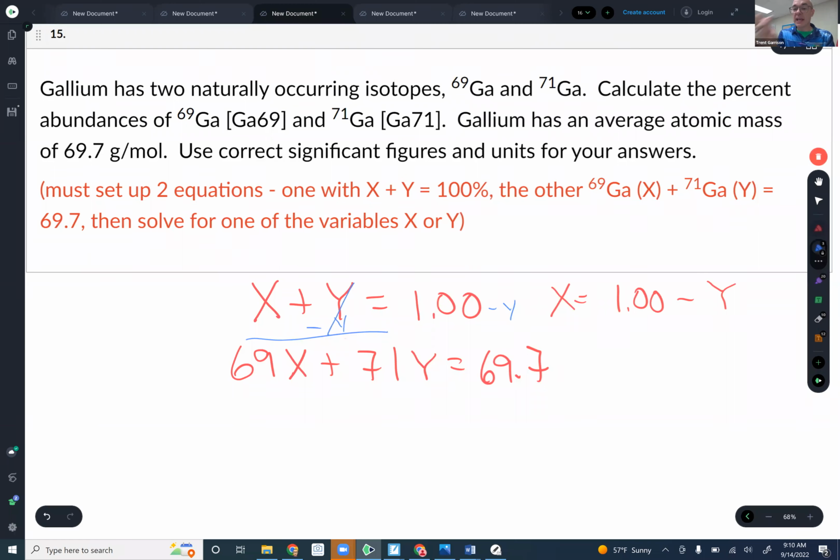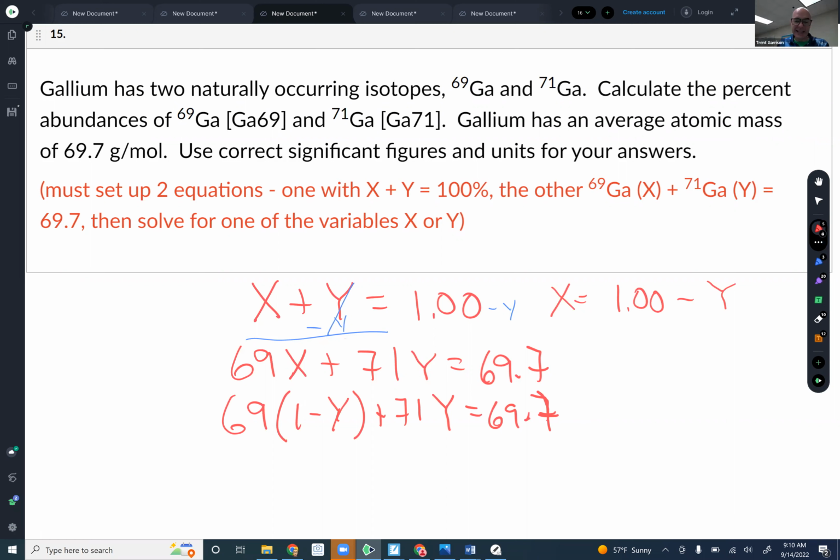So I can substitute: 69 times (1 minus y) plus 71y is equal to 69.7. Your algebra skills are coming back to you, where we substitute one for the other.